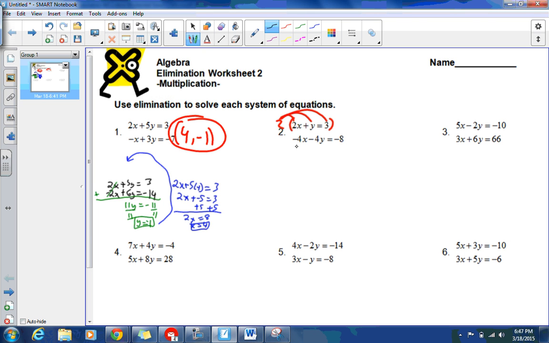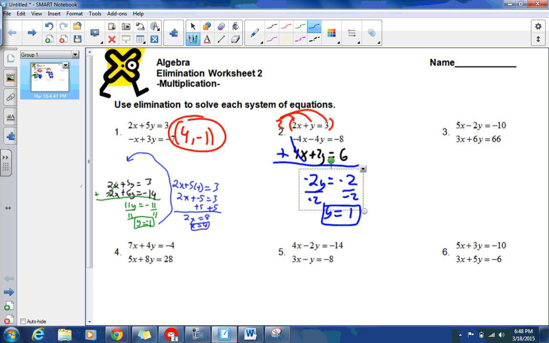You'll have 4x plus 2y equals 6. Now we're in business. Let's combine these equations by addition so the x's cancel out. Then you have negative 2y equals negative 2. Divide both sides by negative 2.